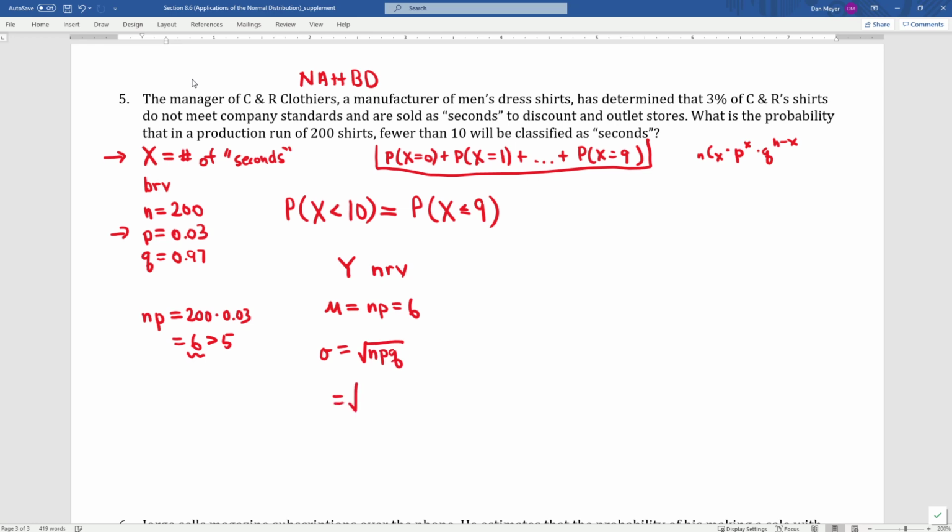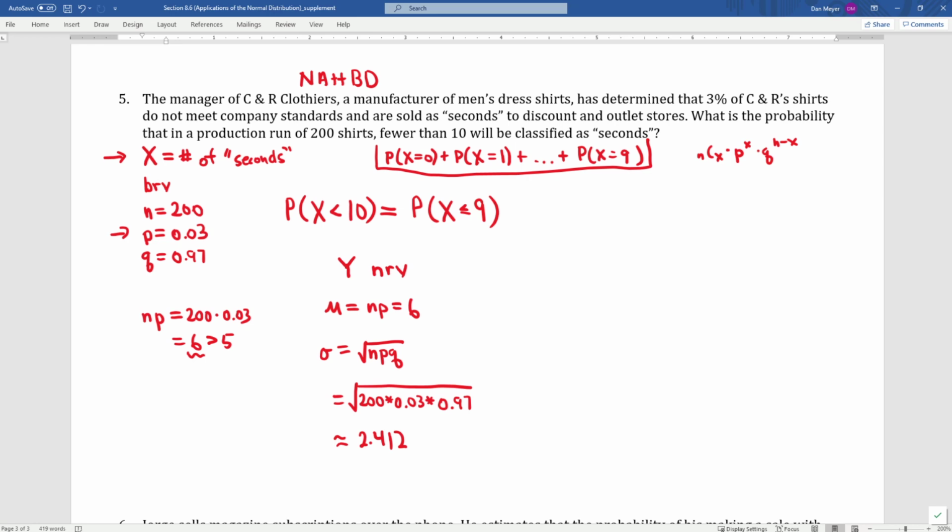So in this case, that would be the square root of 200 times 0.03 times 0.97. And when we round this standard deviation to, I guess we'll go ahead and go to 3 decimal places, that would be about 2.412. Remember, you want to give that standard deviation a few decimal places, at least 3 or 4.